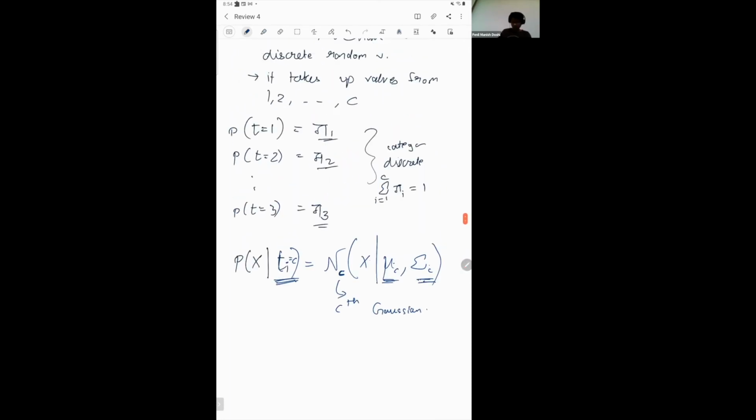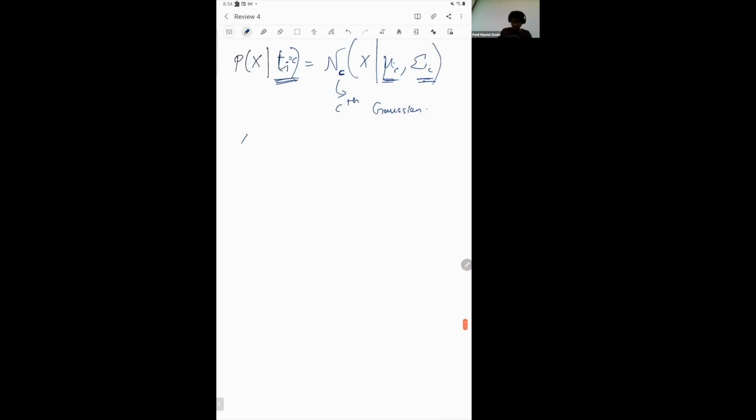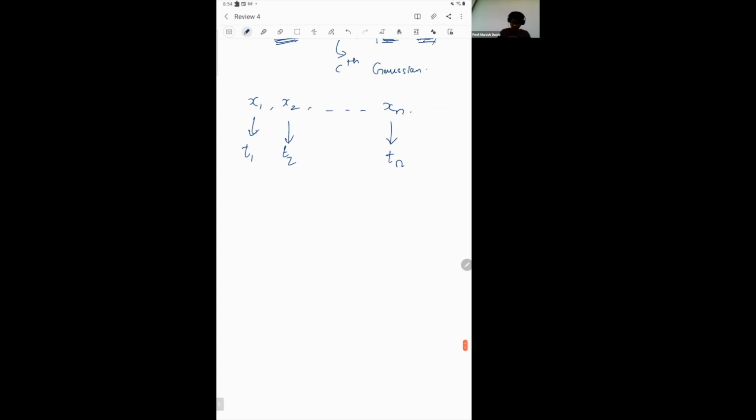And if the data that we see is X, these are the n data points that are given to us. For each data point, we'll assume we have a different T1, T2, which says from which Gaussian that particular data point is coming.